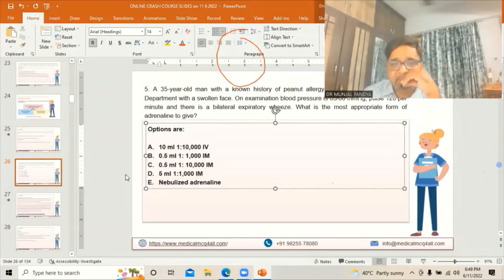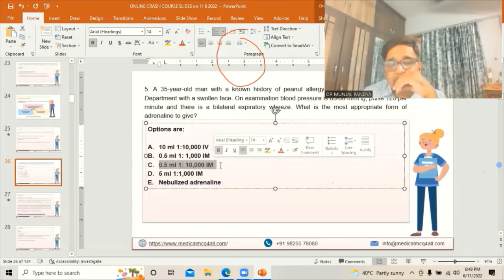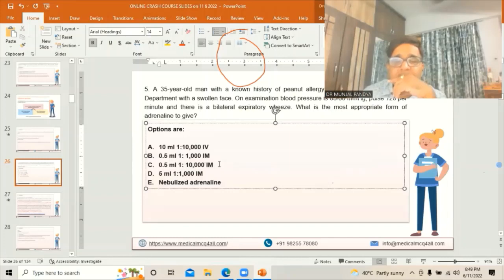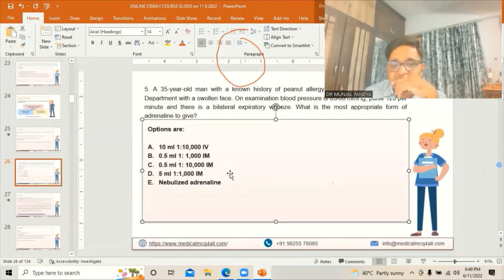It is 100% there on your floor. So 0.5 ml, but what's the dilution? 1 in 1000 only. Where do you use 1 in 10,000? It is used in cardiogenic shock or cardiac arrest, IV. I will give you the difference.